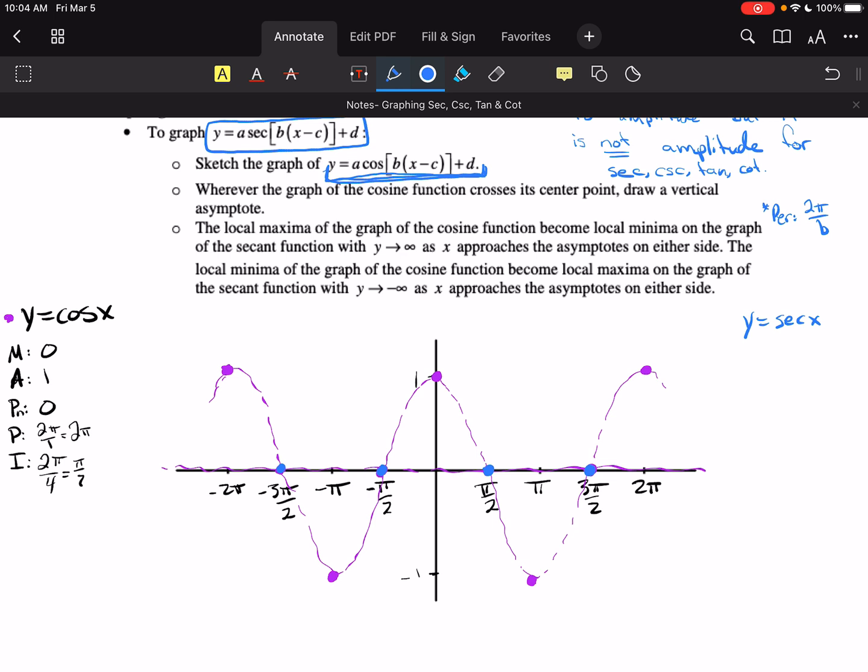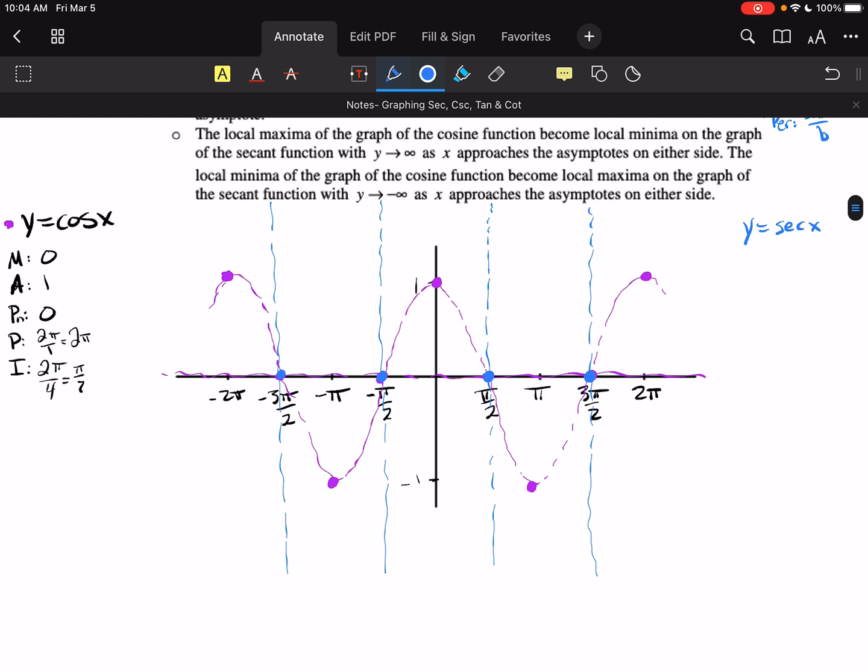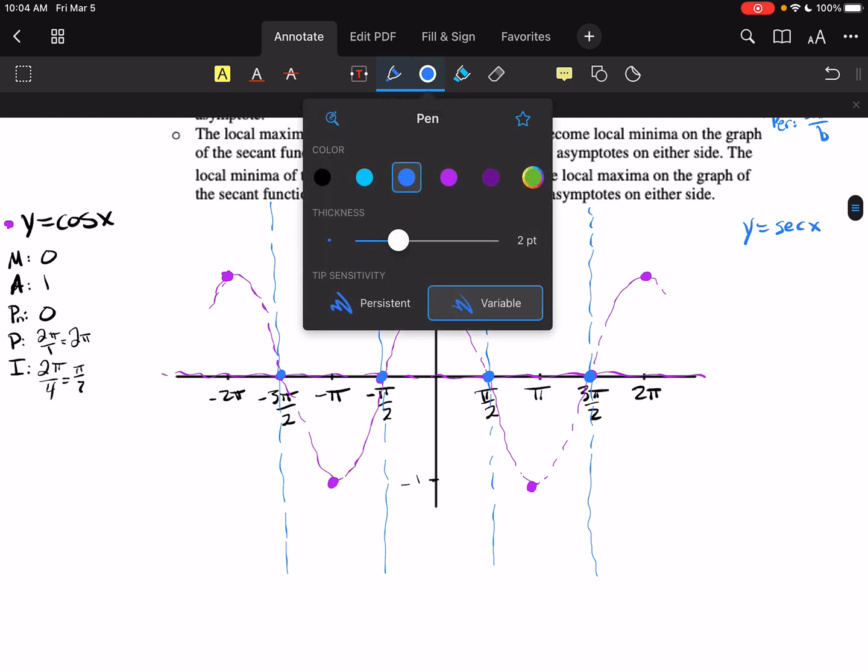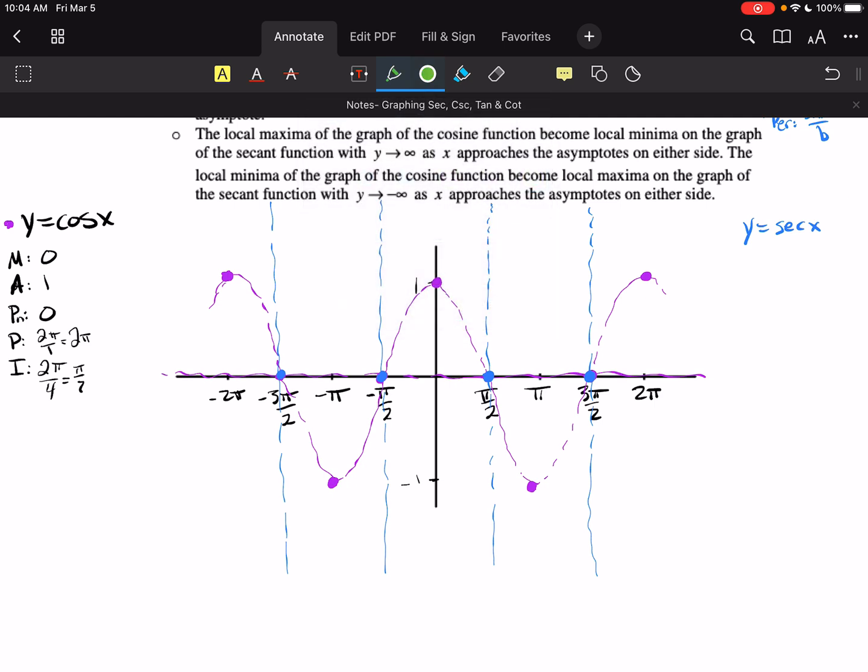So that is where I'm going to have my asymptotes. Okay. Now, graphing secant is fairly easy now that we have all of my info there.